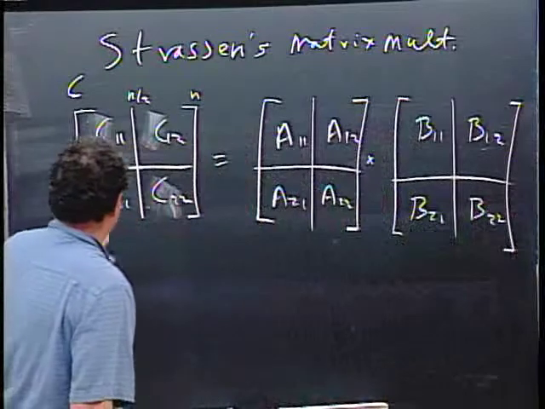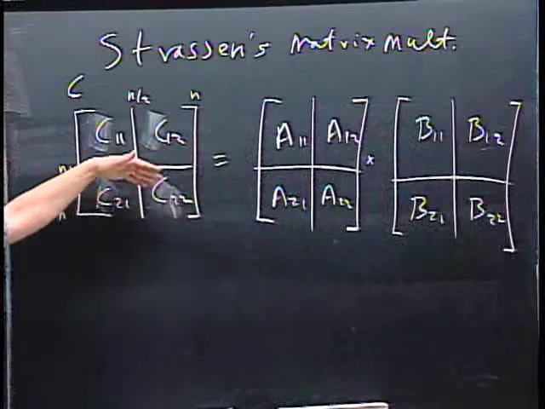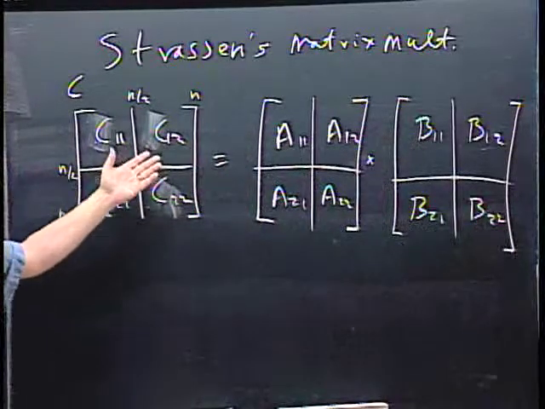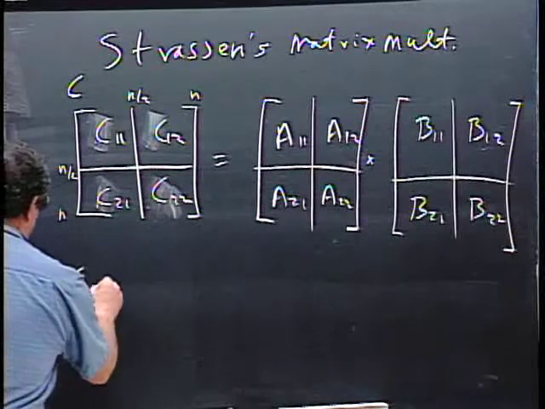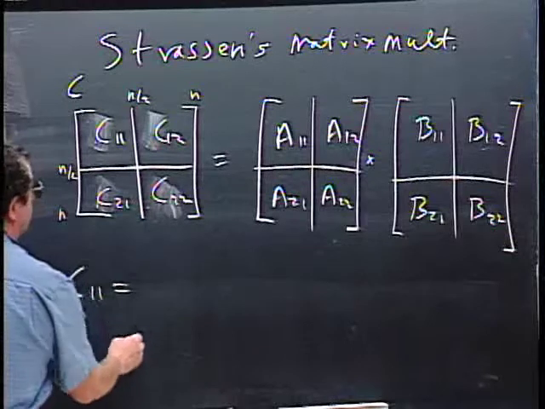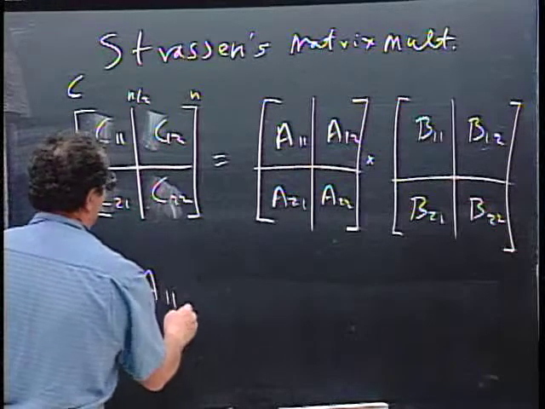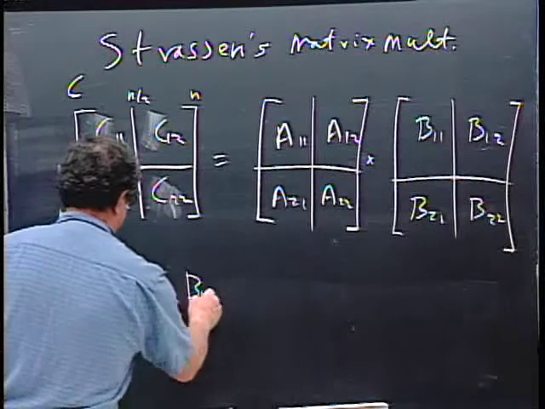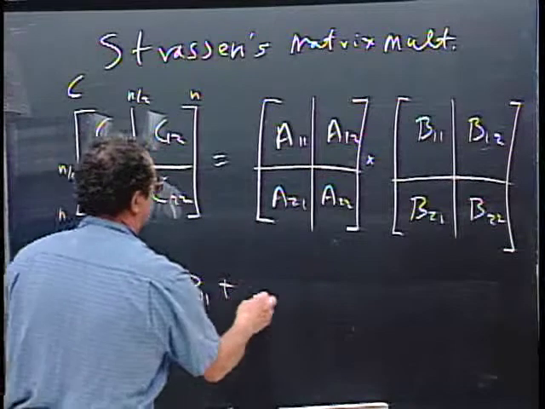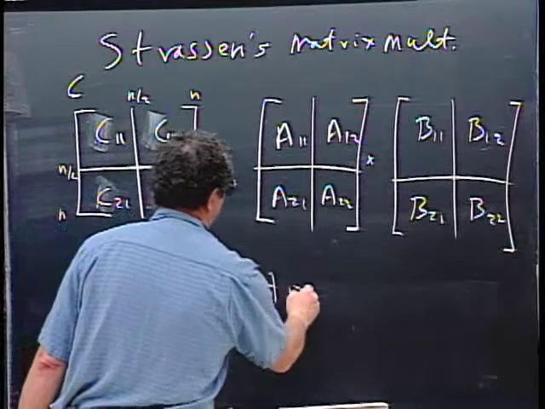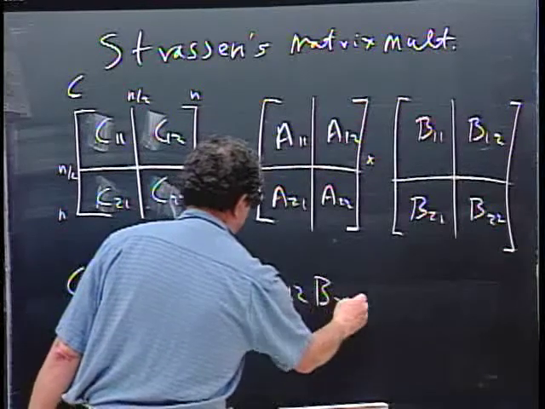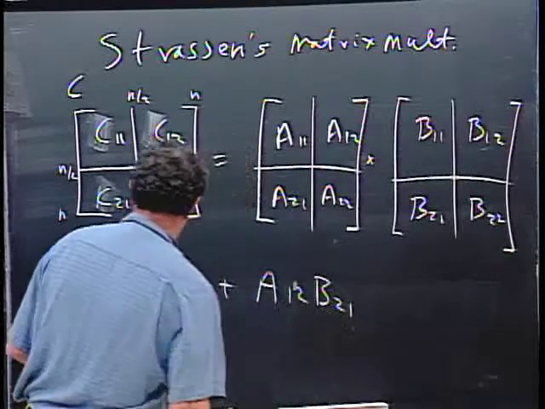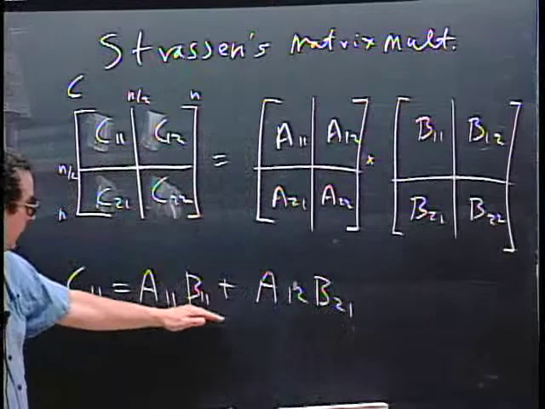Okay, so we now have divided up the matrices and given names to each of the quadrants. And now note that C11, for example, is equal to A11 times B11 plus A12 times B21. Okay? Where here, this is a matrix multiplication.